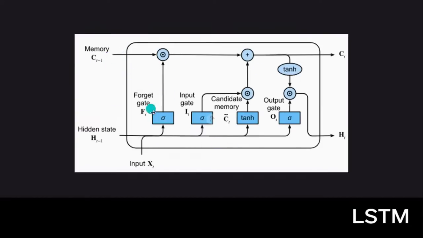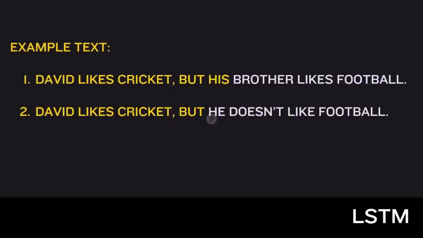We have a cell state and a hidden state. Now this cell is receiving the memory cell, the hidden state, as well as your new input for this word. Then what happens here, we'll see. Once you understand this entire process, you can understand how exactly LSTM is working here.